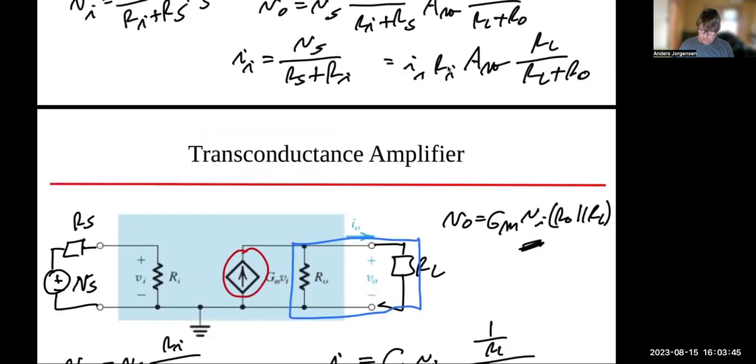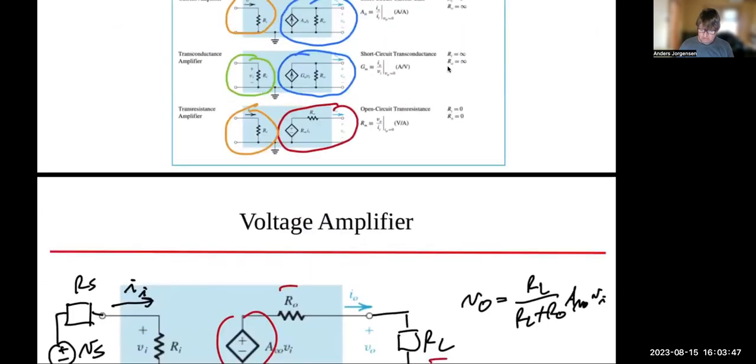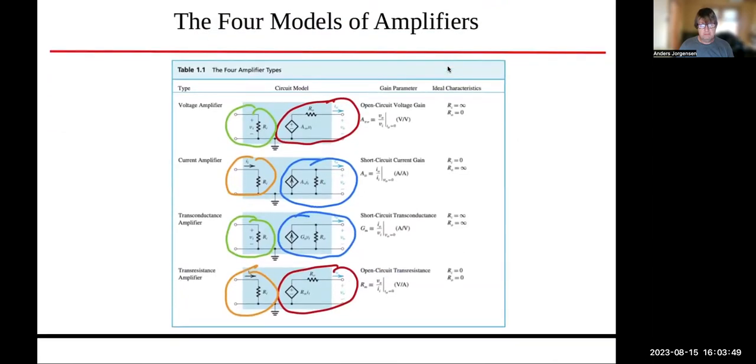All of these four types of amplifiers that you have right here are completely equivalent, and you can translate between them. When you start with a voltage amplifier, for example, the top one here, and you want to replace it with a current amplifier, you want to start by saying, okay, well, the input resistance and the output resistance have to be the same.